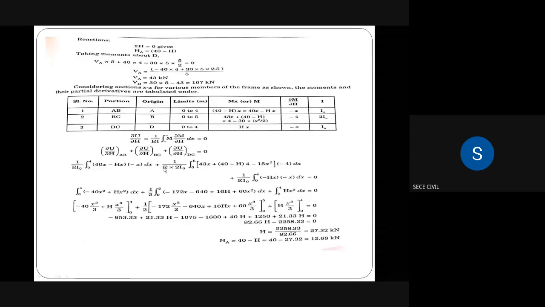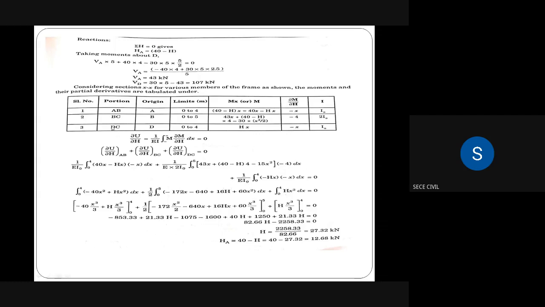Plus, next for span BC, 1 by EI, I value for span BC is 2I0, integration limit 0 to 5. Then M value is 43x plus 40 minus h into 4 minus 15x square, into dou M by dou H value minus 4, dx. Plus 1 by EI0.